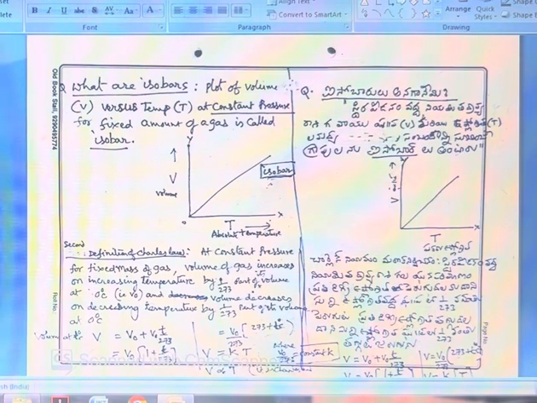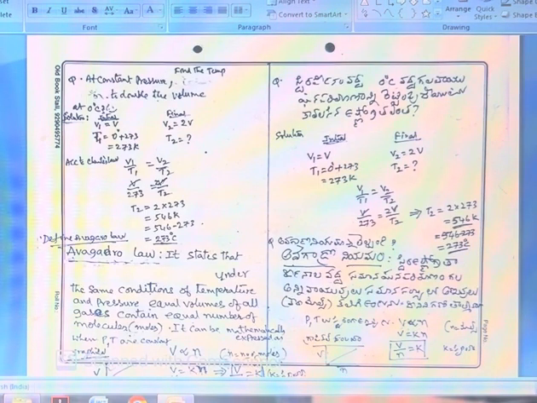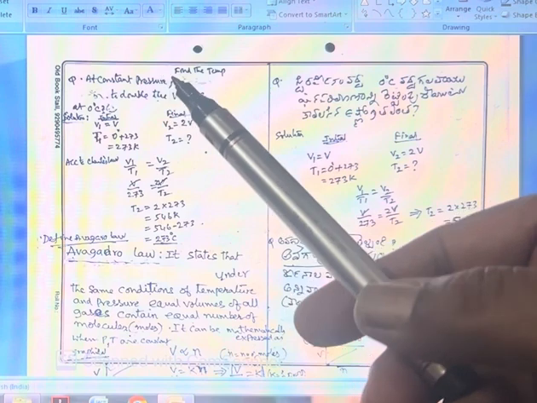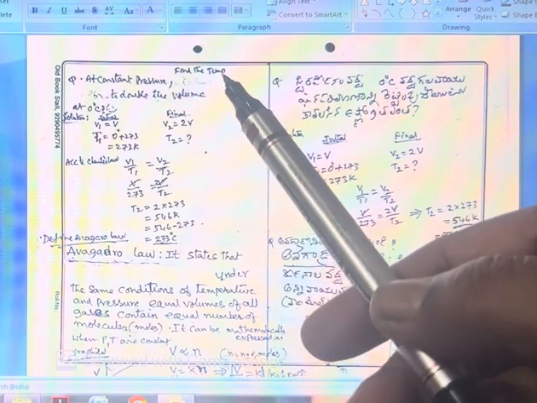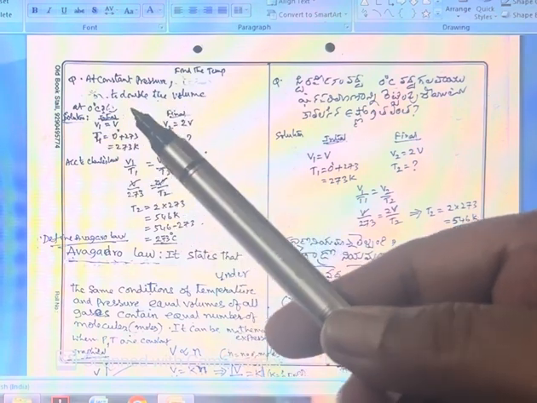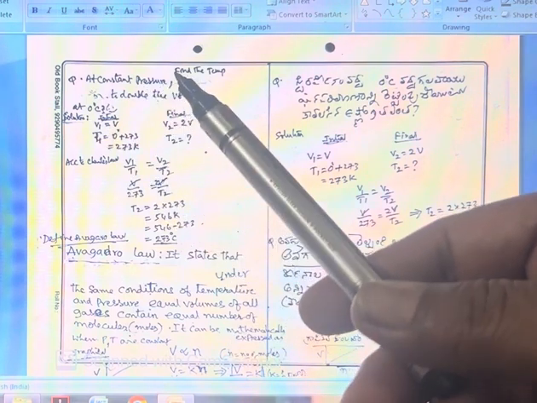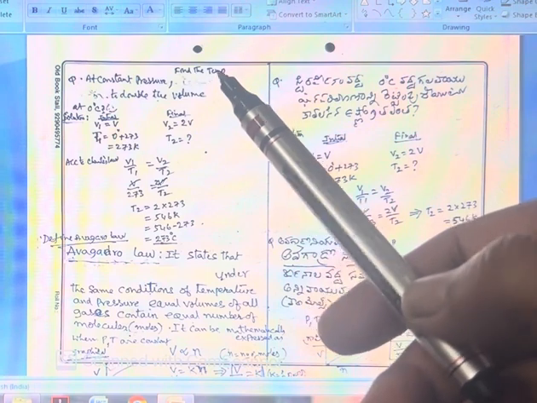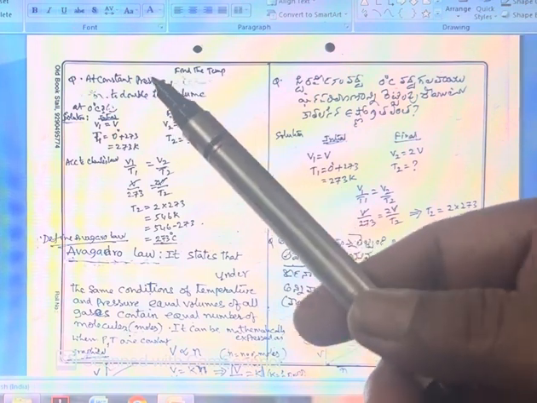So, now let us see the next problem. At constant pressure, find the temperature to double the volume at 0 degree centigrade. The gas is taken at constant pressure, and you have to find the temperature when the volume is doubled.